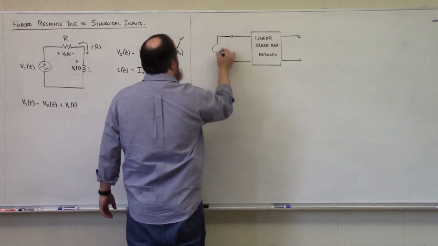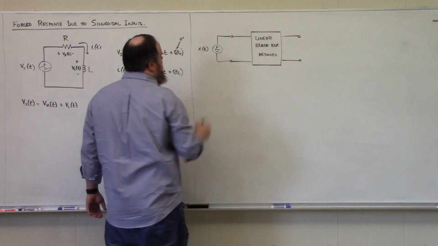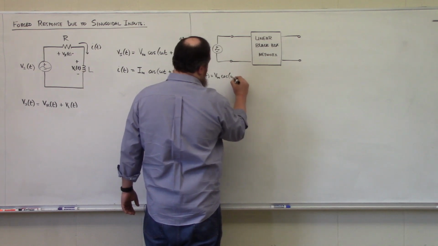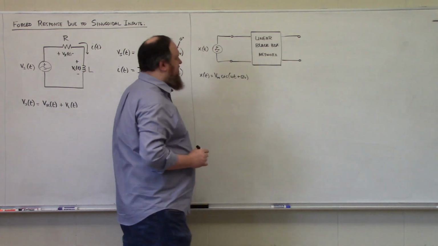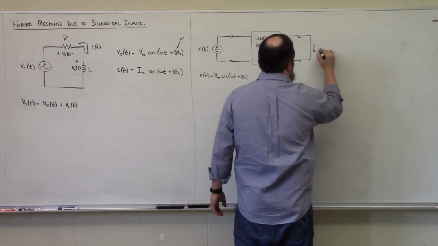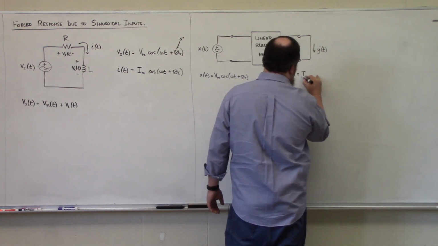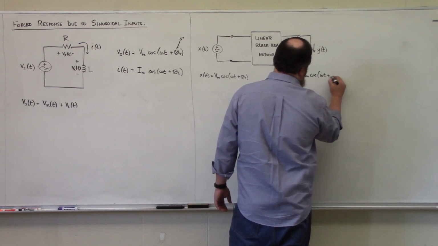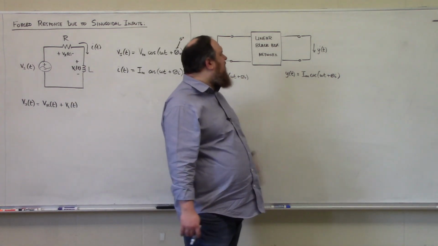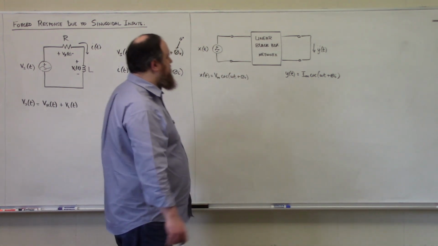I have observed that if I excite this system with a function x of t, where x of t is a voltage Vm cosine omega t plus some phase angle theta v, my response y of t will be of the form Im cosine omega t plus theta I, where if I suffer through enough math, I can figure out how to express Im in terms of the circuit elements used to form the linear black box network and the magnitude of the excitation function.